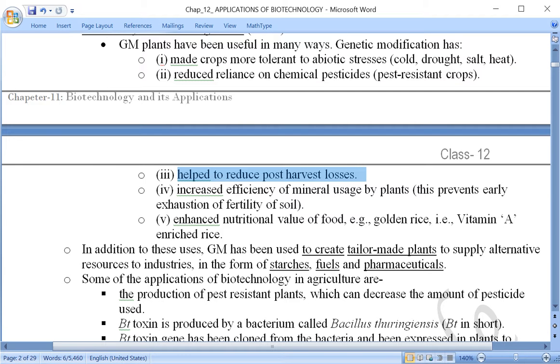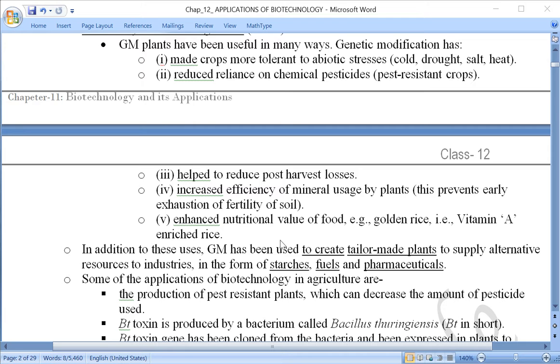The fourth one is the increased efficiency of mineral usage by plants. Now if you remember, one chapter you have learnt was water relation in plants. Water relation means here I am talking about transport in plants.